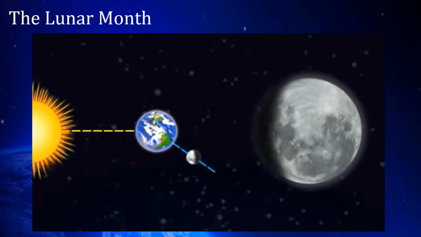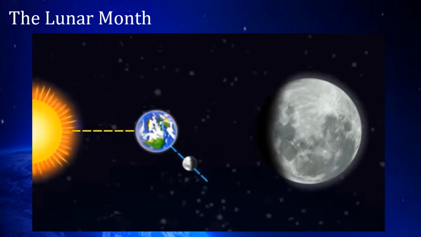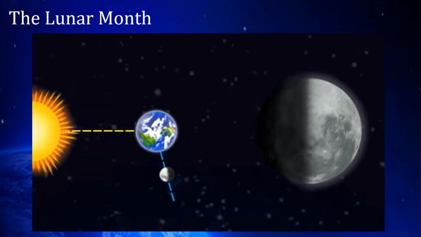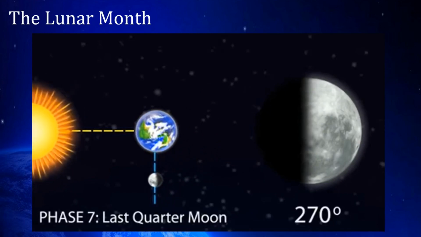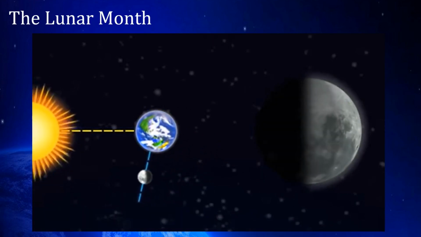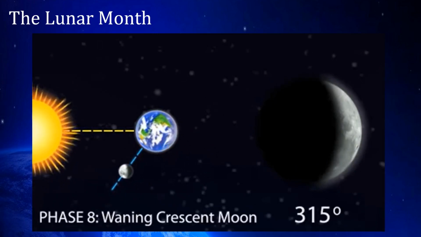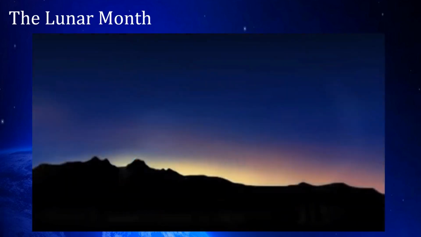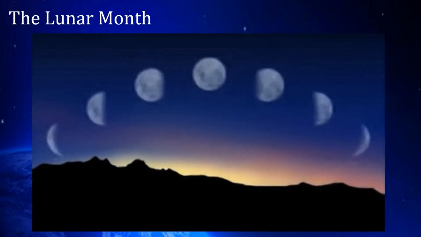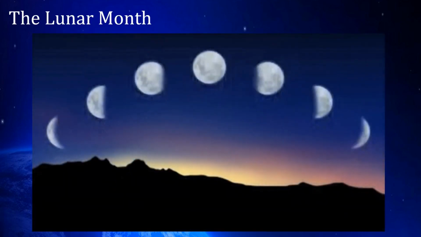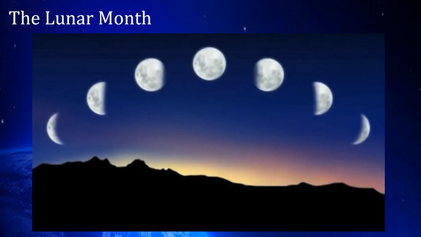Phase 6 is called the waning gibbous moon. Phase 7, the last quarter moon. Phase 8, the waning crescent moon. This is the last phase before the next new moon. And that is why the moon changes shape. This was about the various phases of the moon.